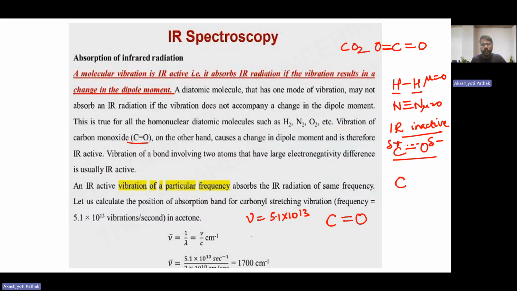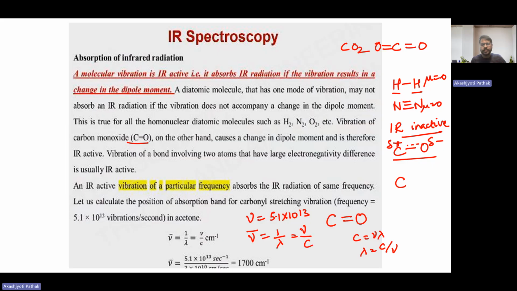The absorption band will be equal to the wave number, basically. When you want to calculate wave number, nu bar will be 1 by lambda, and you know the formula c equals nu lambda. So you can substitute lambda as c by nu. So 1 by (c by nu) will give you nu by c.